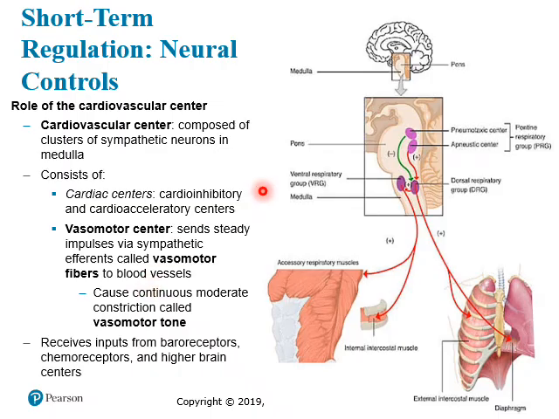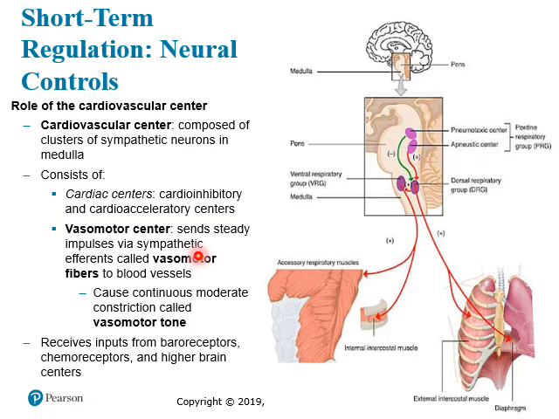The cardiovascular center is made up of clusters of sympathetic neurons in the medulla. Pretty much it is made up of the cardioinhibitory as well as the cardioacceleratory center, and they are the ones that would either inhibit or accelerate the regulation of blood pressure.